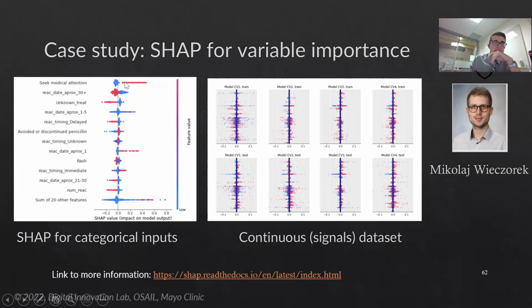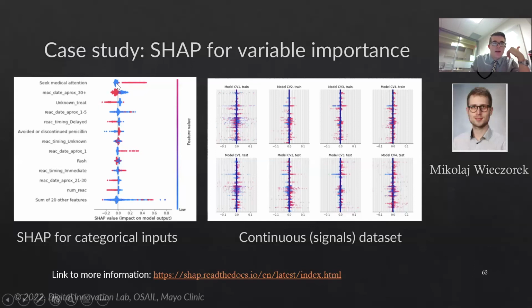Each dot here is one of our test examples or test cases, and then the value is along the y-axis here. Blue or red indicates whether or not it contributes to a positive prediction in red or a negative prediction in blue. So we can see basically two things.